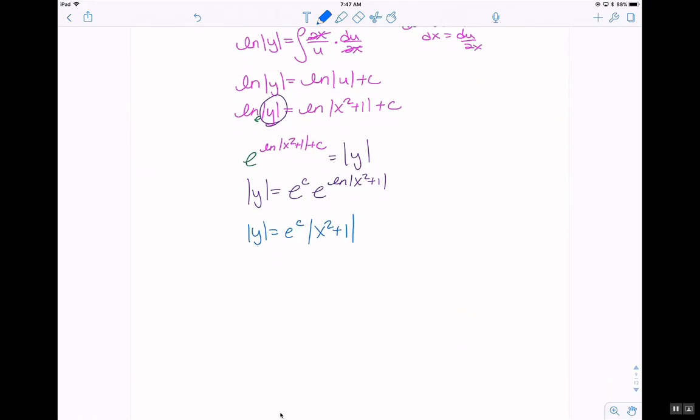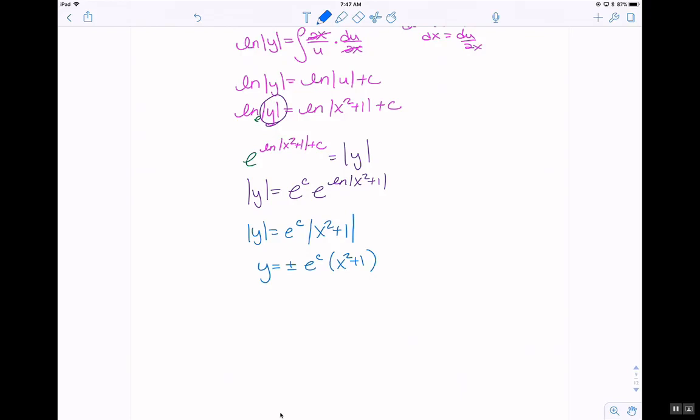And then when I drop the absolute value, it's going to give me a plus or minus e to the c times x squared plus 1. I could drop the absolute value on both sides, so I'm just left with x squared plus 1. Okay.